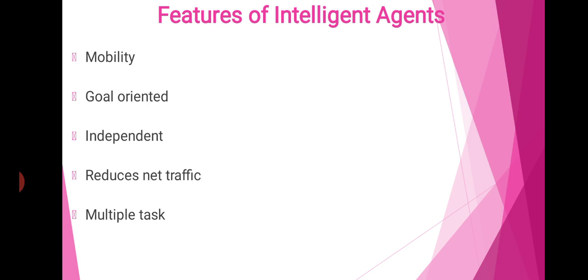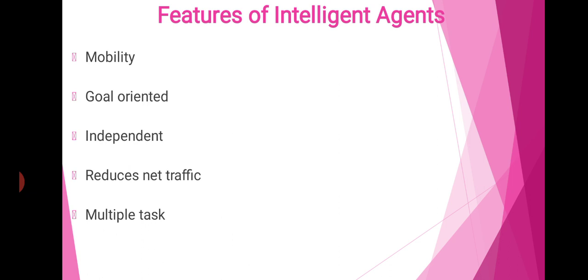It's a program that supports the user with accomplishment of some task or some activity. How? By collecting needed information automatically over the internet, processing it, and communicating data with other agents depending upon the data we feed, that is the algorithm or program. So that is called the intelligent agent.